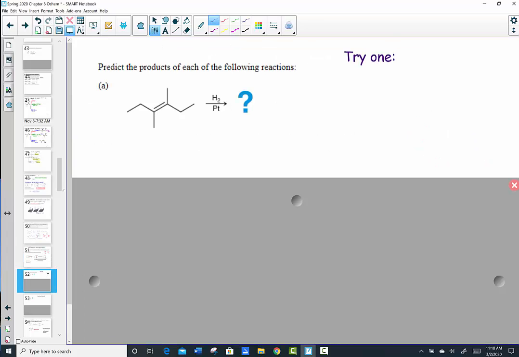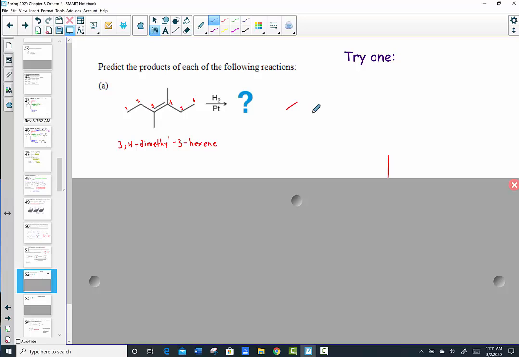So let's predict the products of each of the following: hydrogenation with a metal catalyst. Let's try one. I just want to figure out how long my carbon chain is. So here I would have 3,4-dimethyl, and then at carbon 3 is the double bond. 3,4-dimethyl-3-hexene.